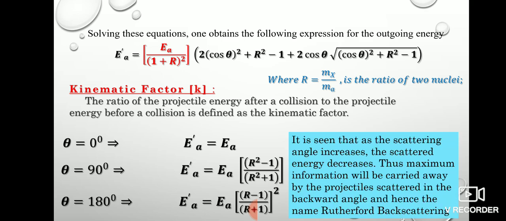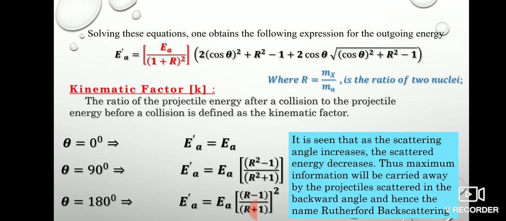That is, as the scattering angle increases, the scattered energy decreases. So the maximum information will be carried away by the projectiles which are scattered at backward angles, that is, angles almost equal to 180 degrees or above, say 150 degrees, and hence the name Rutherford backscattering.